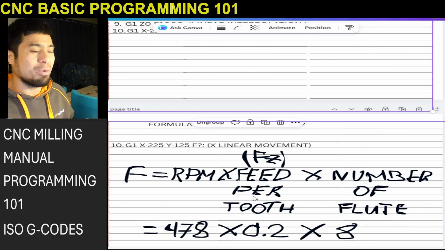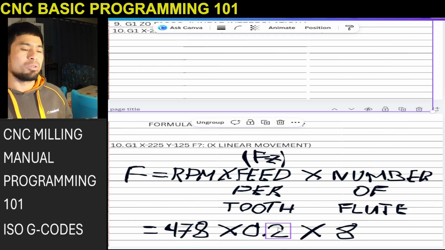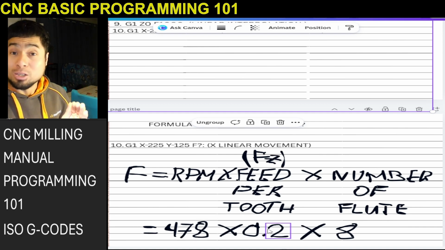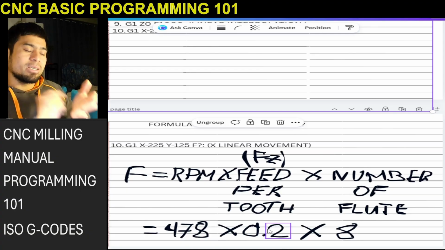So just for our example, we will put 0.2 feed per tooth. That is always the recommended value from the manufacturer, and it's always written on the label when you buy the insert.